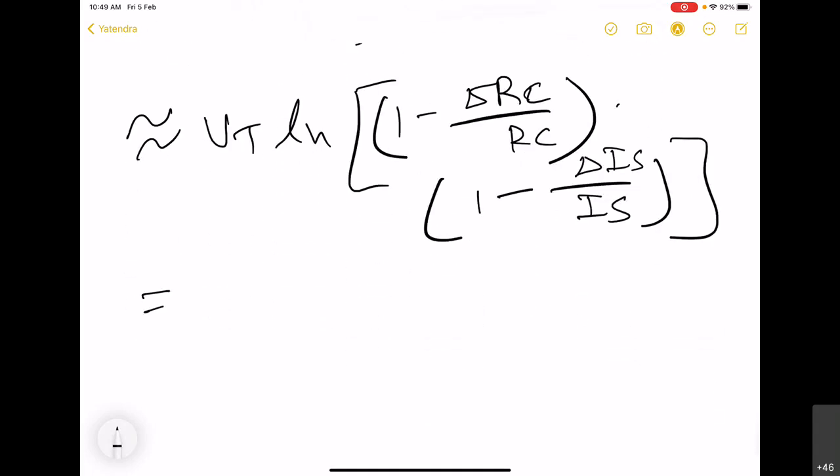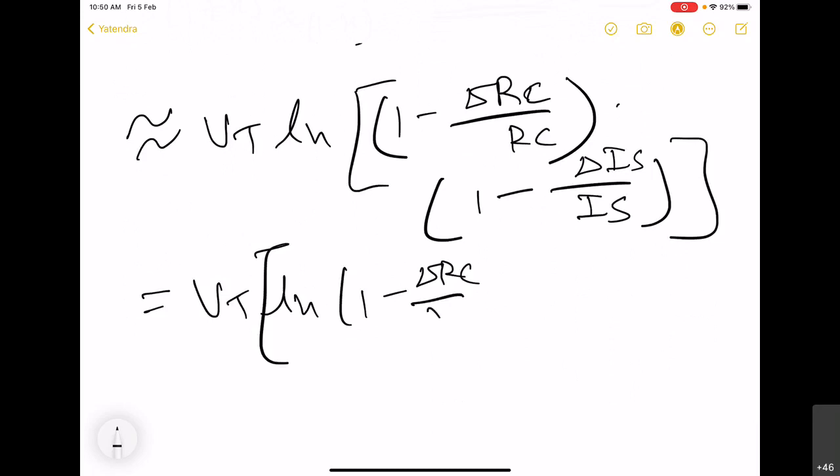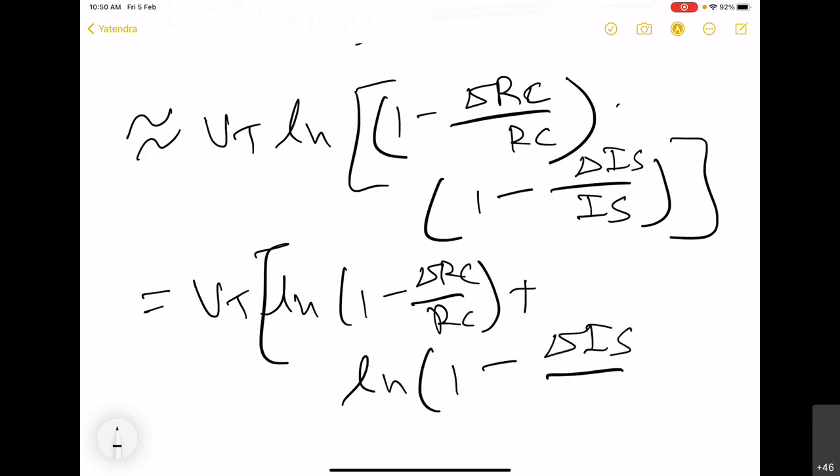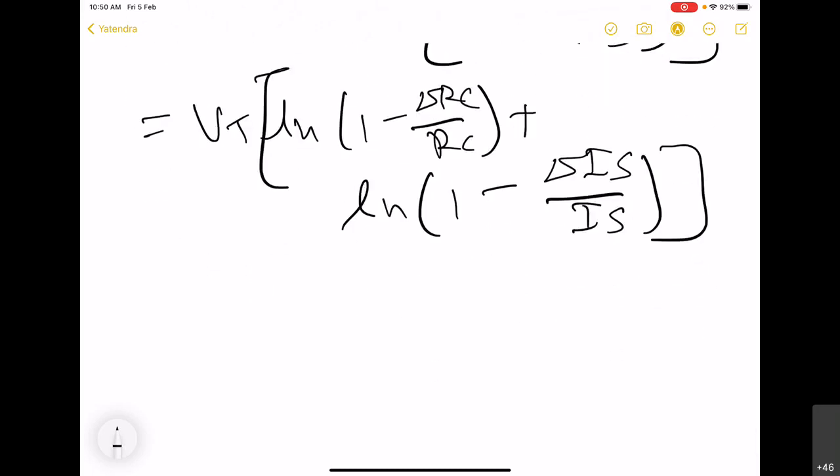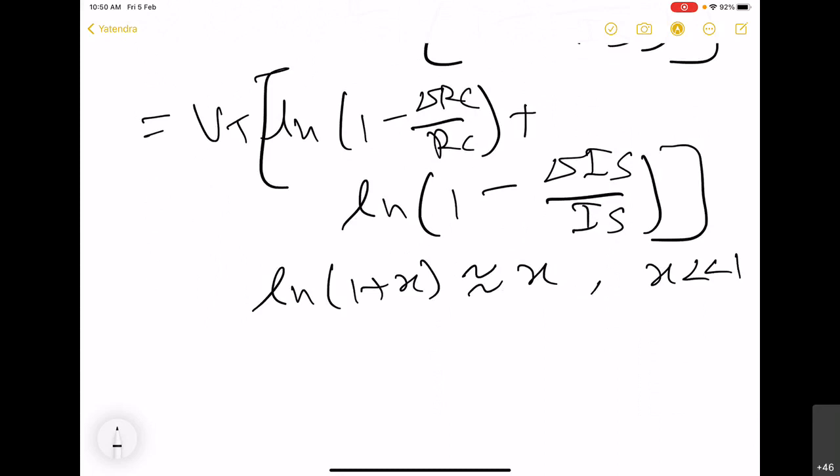So now here we have 2 log terms, log 1 minus delta RC by RC plus log 1 minus delta IS by IS. Now we know that log 1 plus x is approximately equal to x, for x very small compared with 1.